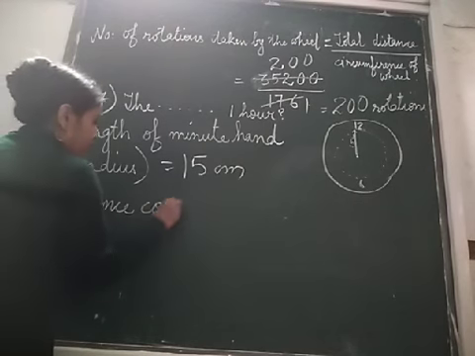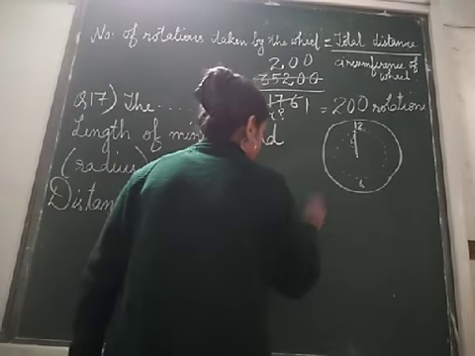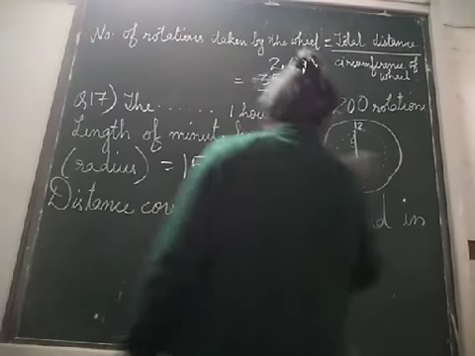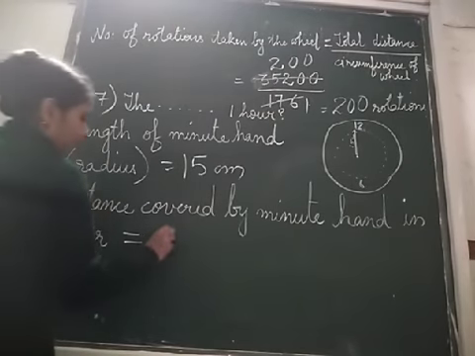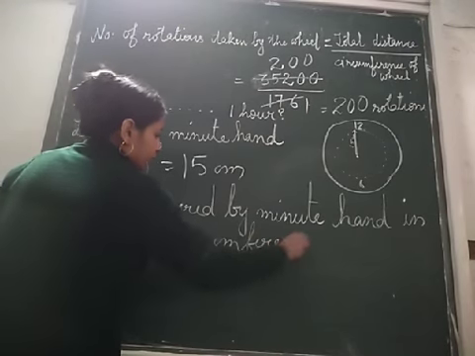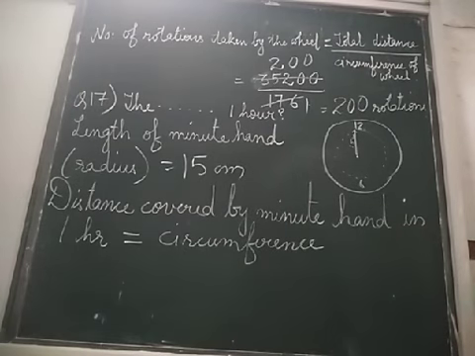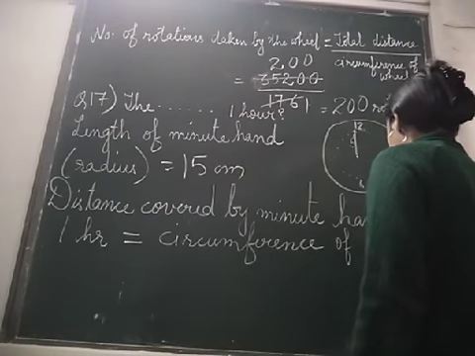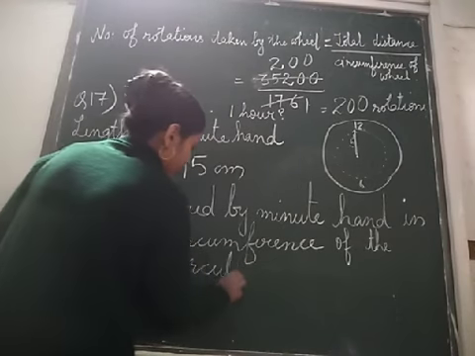Distance covered by minute hand in 1 hour is equal to circumference of the circular distance.